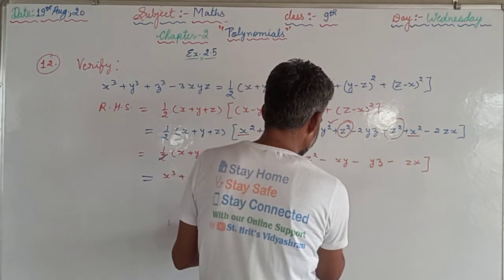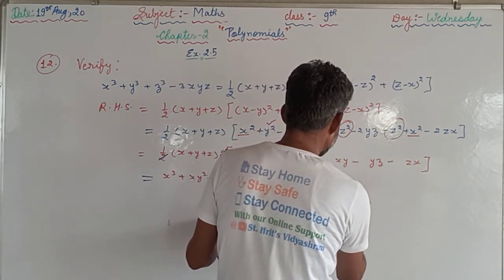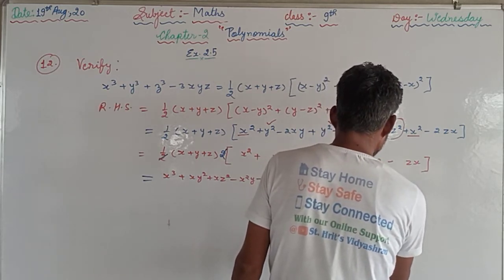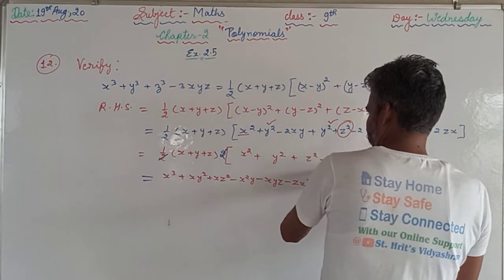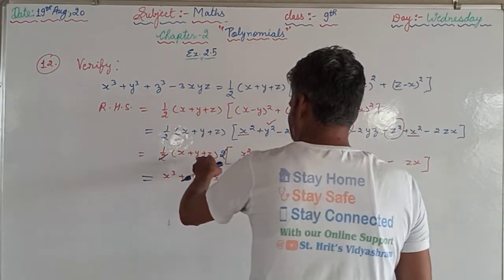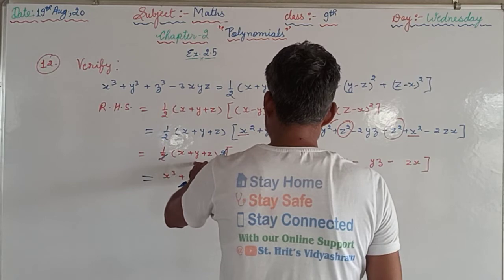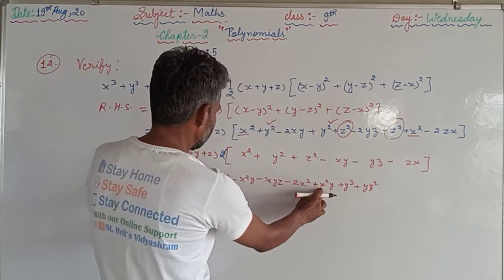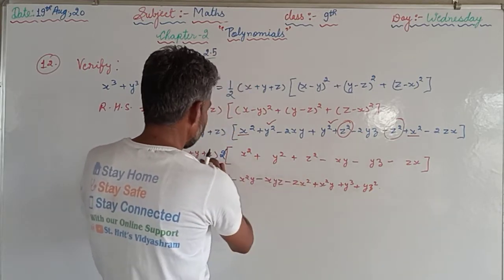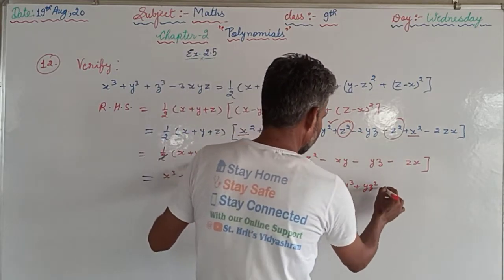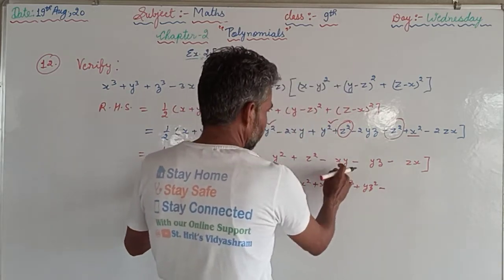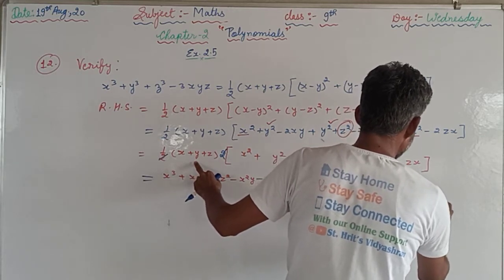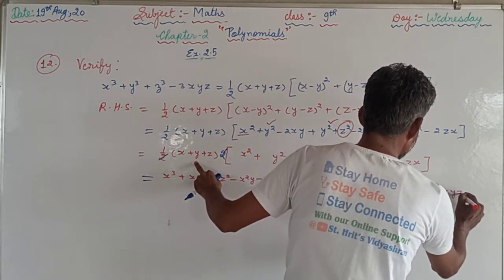If we multiply by y, x square y plus y cube plus yz square minus xy square minus y square z minus xyz.